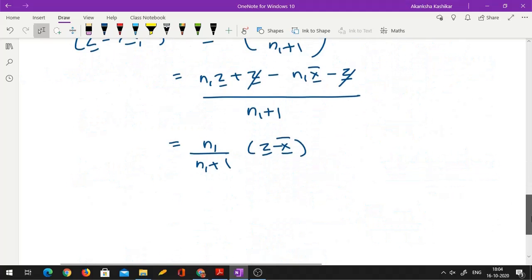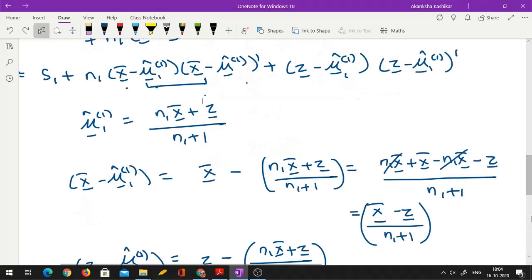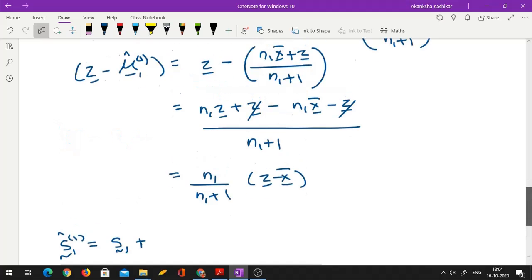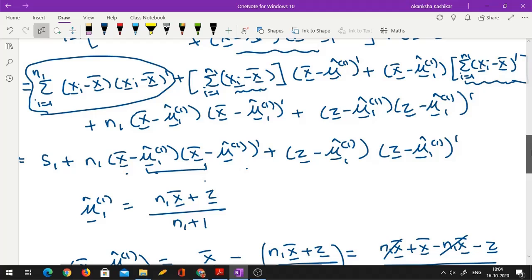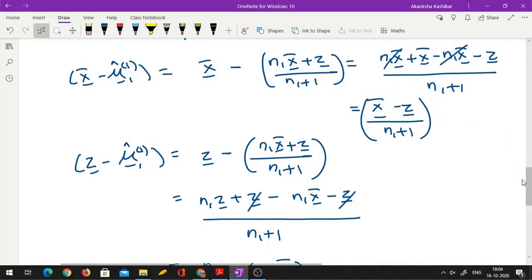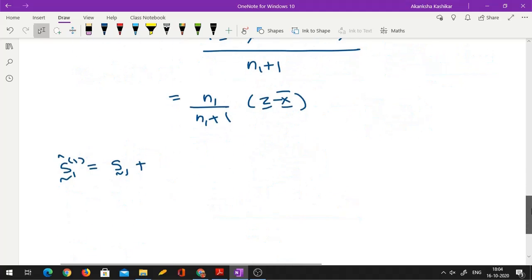So what do I have? I have the revised CSSP matrix to be the original CSSP matrix plus, for this n1 into, we would get this z minus x bar upon n1 plus 1.